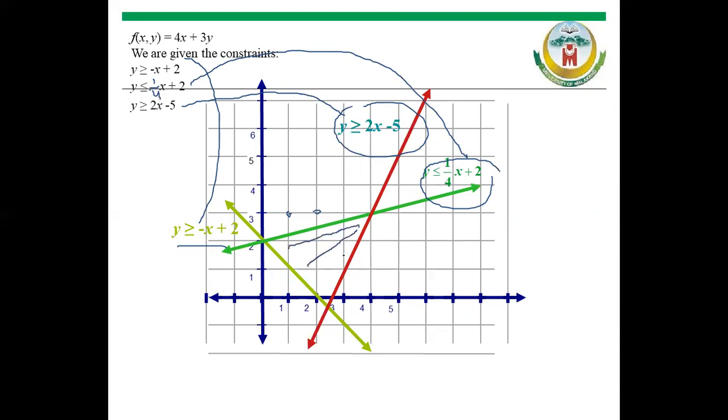Here, with these three constraints, we get a triangle and we get three vertices. This is the region which we get after applying these constraints, and we will be interested in these three vertices.